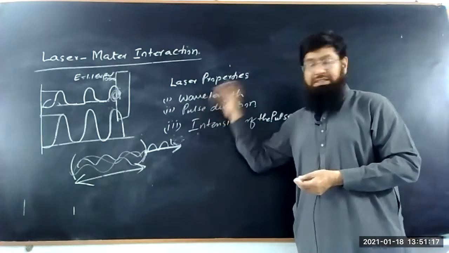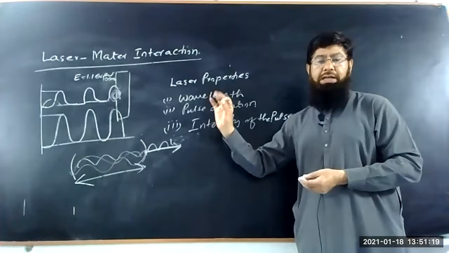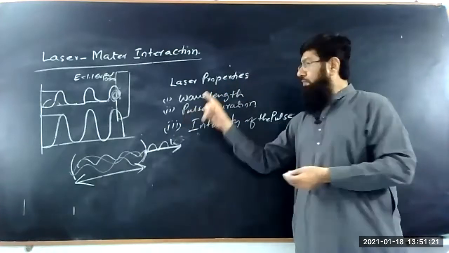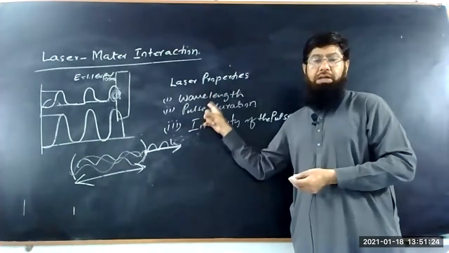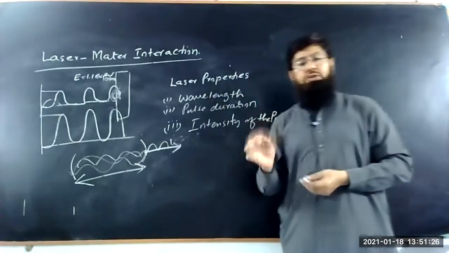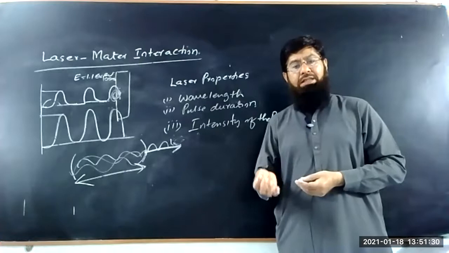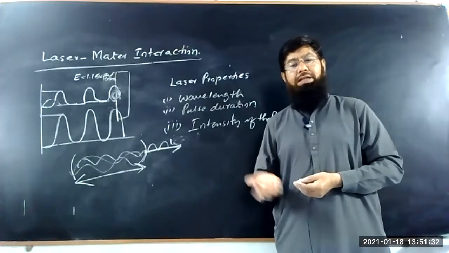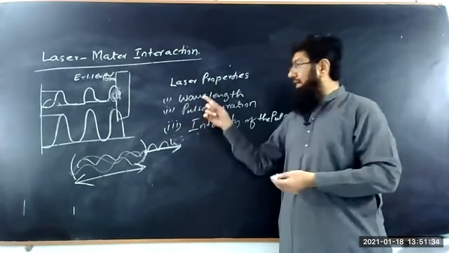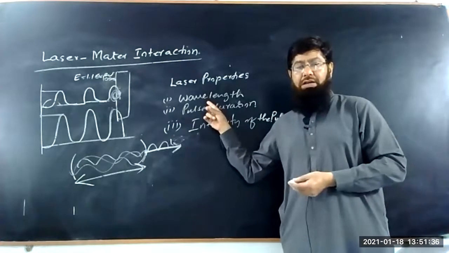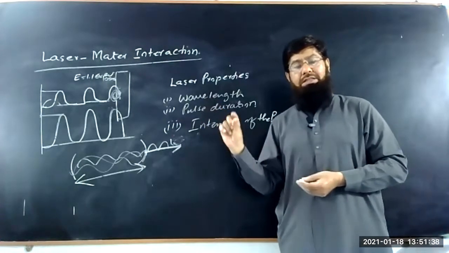It means the maximum light will be utilized to ablate the material if the wavelength is small. So the evaporation produced by a UV laser is much more dominant as compared to that produced by an IR laser, because in the IR laser the wavelength is large and in the UV laser the wavelength is small.